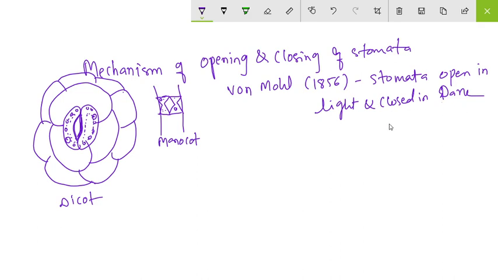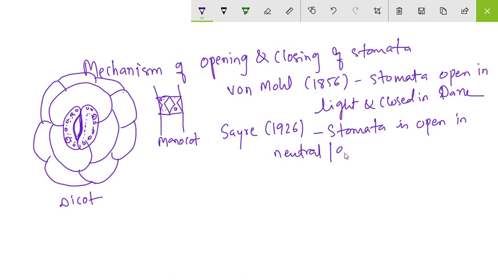The next scientist is Sayre. In 1926, Sayre observed that the stomata open in neutral or alkaline pH.